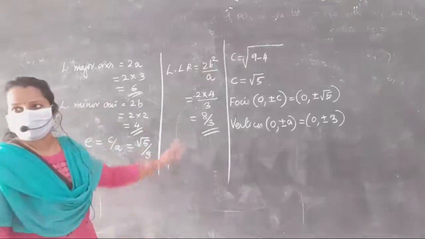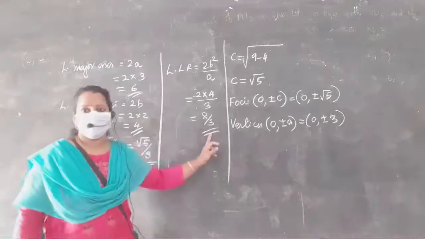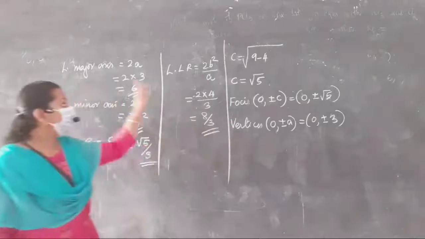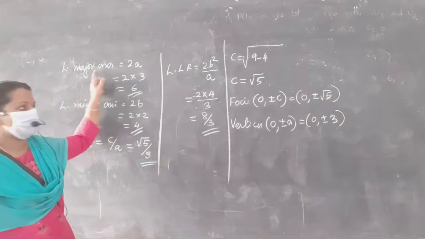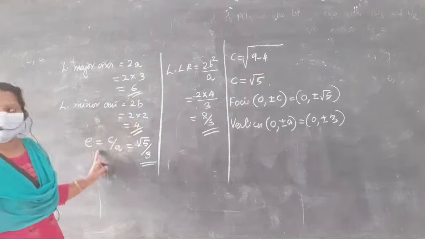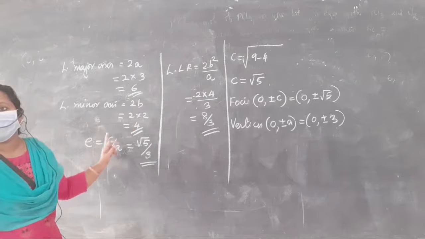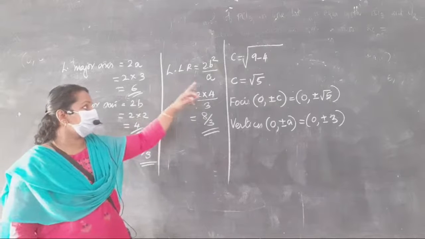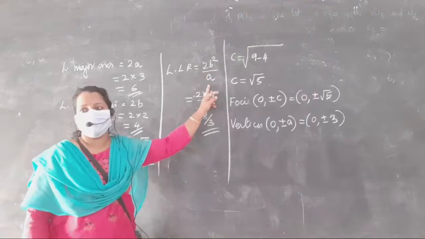Length of latus rectum equal to 8 by 3. Okay. Vertices, length of major axis 2a, length of minor axis 2b, eccentricity equal to c by a, length of latus rectum 2b square by a.